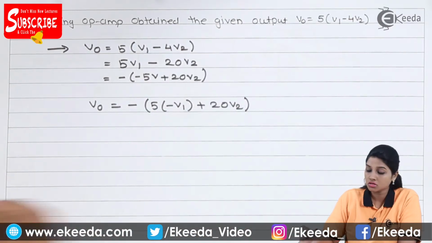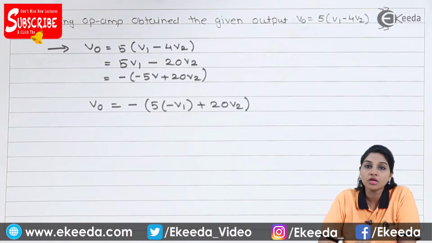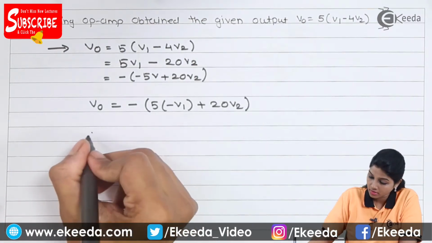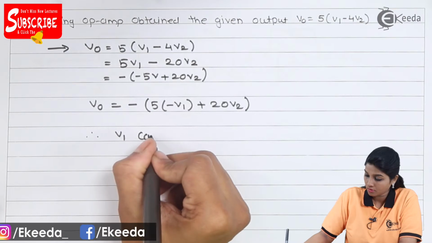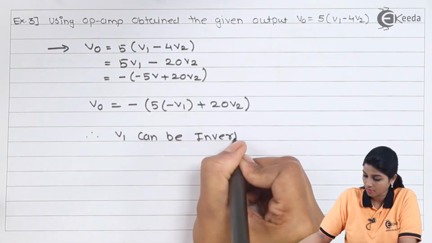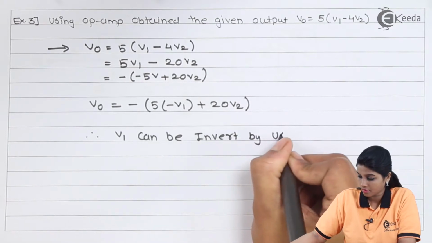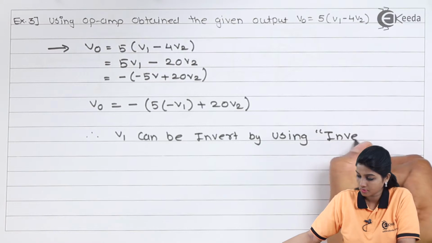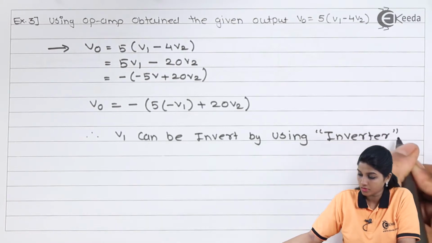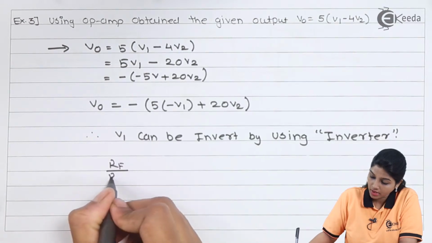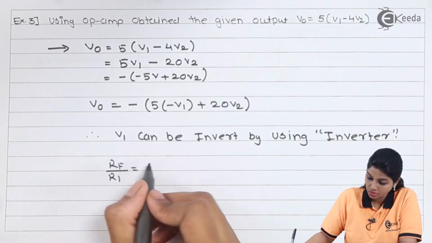So from the equation, the term minus V1 can be obtained by using an inverter, that means an amplifier having gain 1. Therefore V1 can be inverted by using an inverter. So we can write RF by R1 is equal to 5.